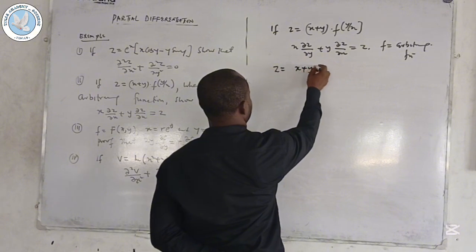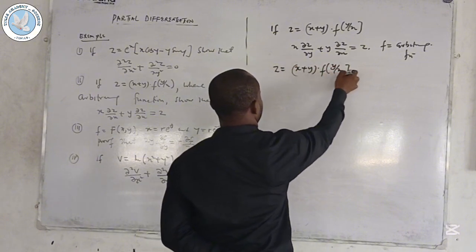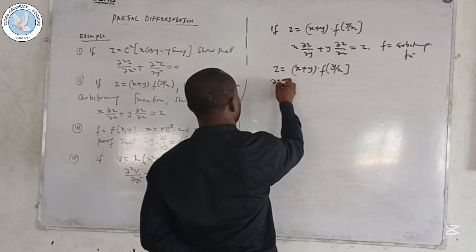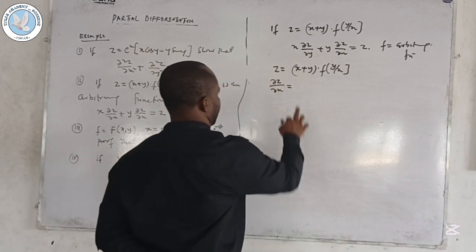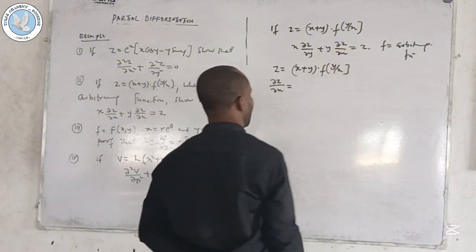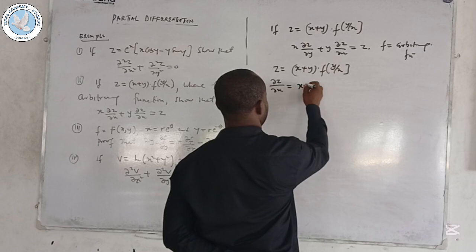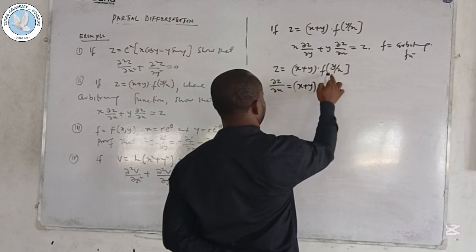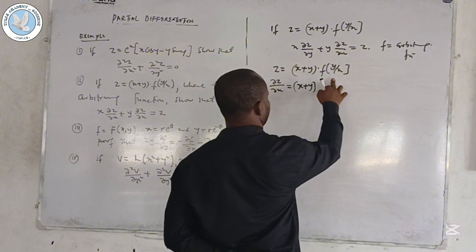Z is plus this, y divided by that. So let's do it with respect to x. And we have x here, we have x here, then we are treating it as a product rule. So we can retain this and differentiate this.